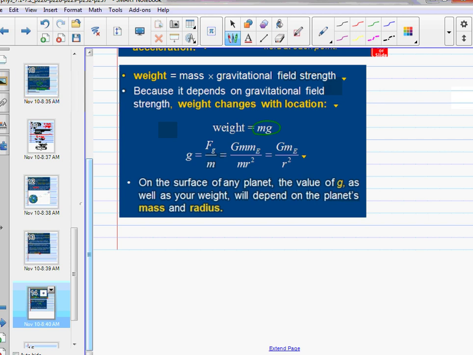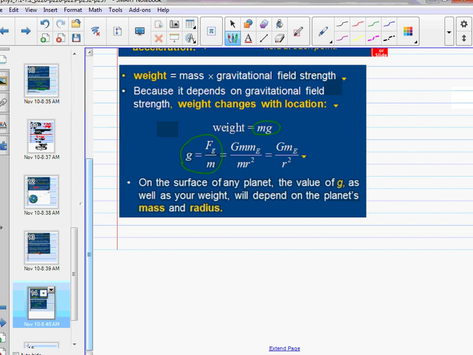So if I wanted to find a formula that tells me how strong gravity is at different locations, let's look at this progression here. They just started with that weight formula. Force due to gravity is m times g. They rearranged to solve for g.